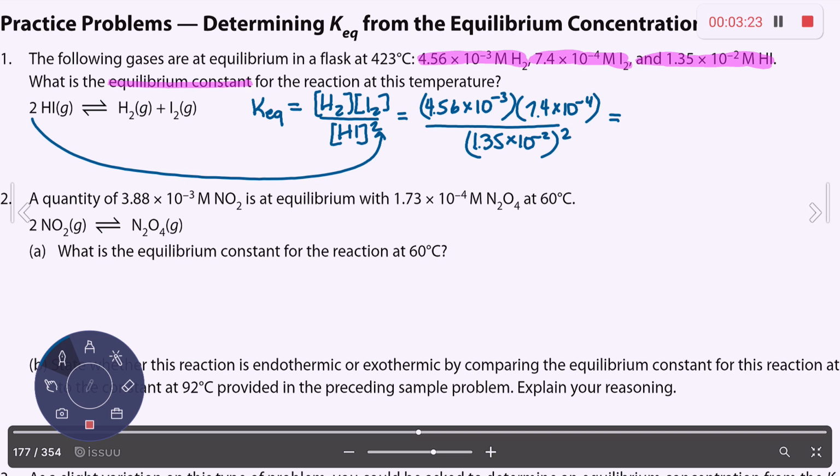This comes out to be 0.019, and there is going to be no unit. Easy enough? Yeah? Okay. Why don't you try 2A, and let's see what you come up with.